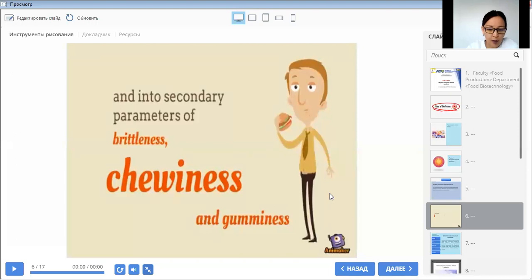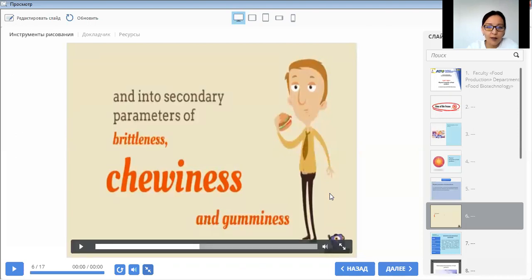And next about the chewiness and the gumminess, brittleness of the food and food products.